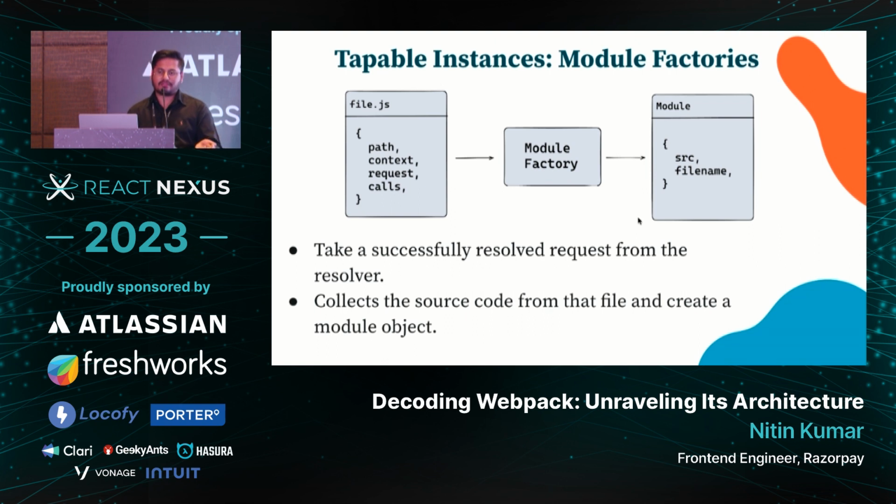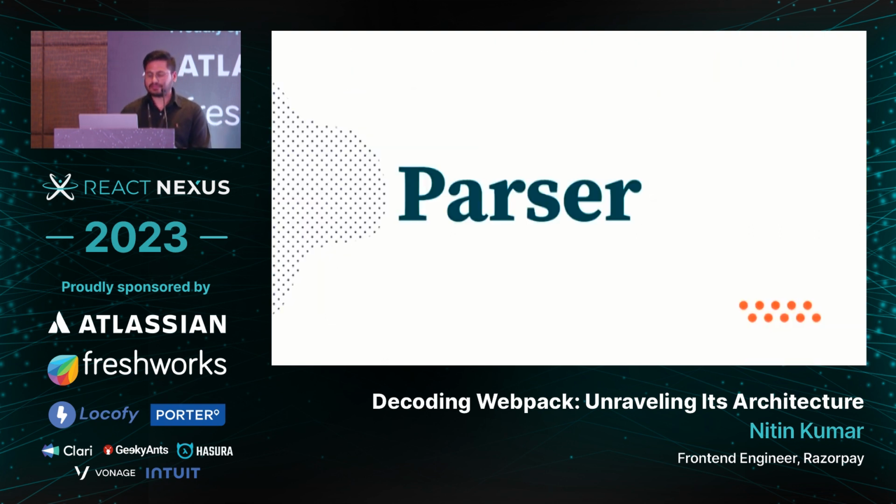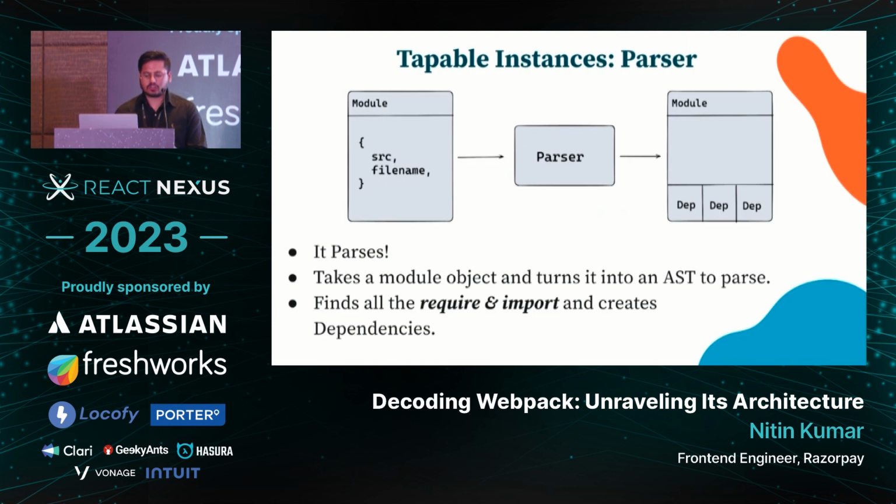So after we have read the code, we need to parse it, right? So the next Tapable instance is the parser. How many of you are familiar with ASTs, abstract syntax trees? Nice, good to see a lot of hands. So now we need to parse. As the name suggests, the parser will parse. It will take the source code and run it through the parser. Then after the source code is parsed, it will look at the generated AST.